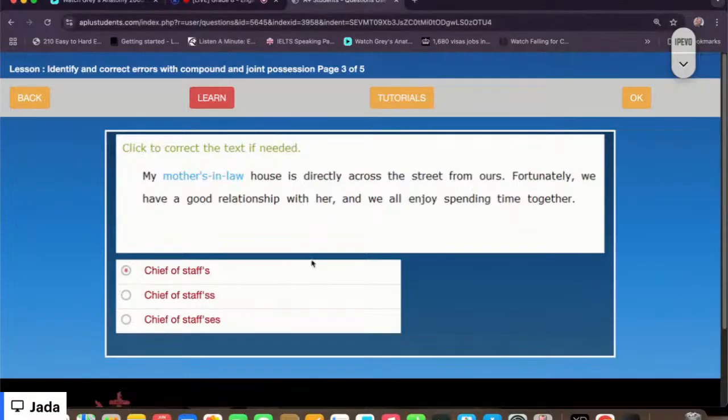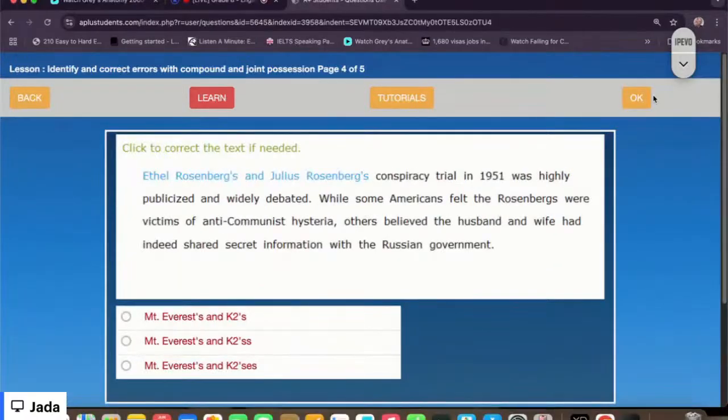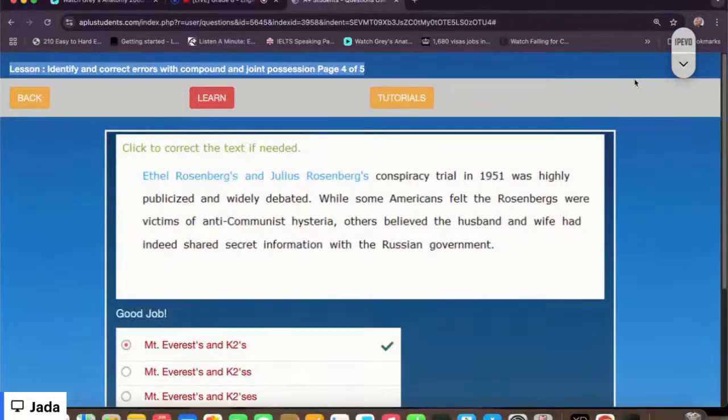Okay, so we have chiefs of staff. This was a different answer to a different question. It was mixed up. This is also mixed up. So it's going to be the first one.